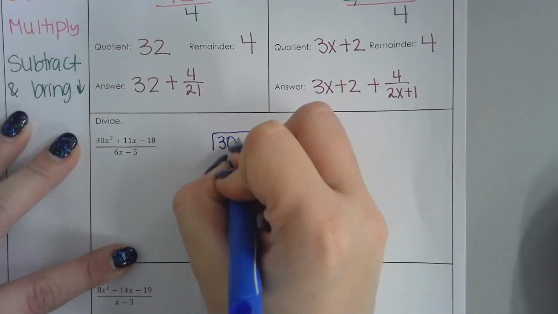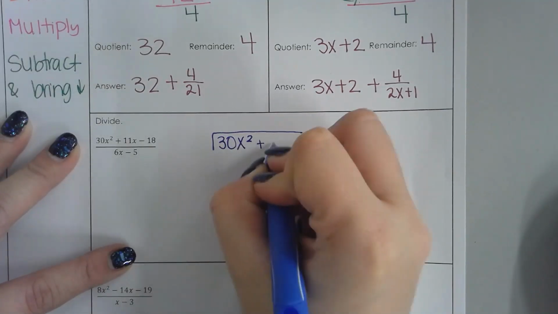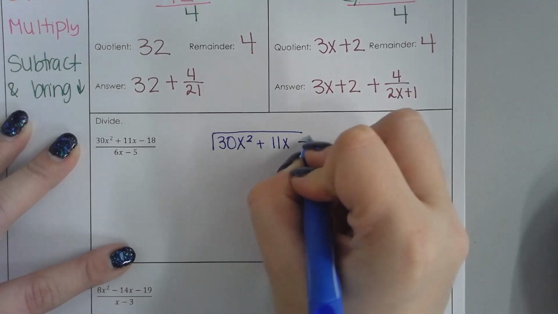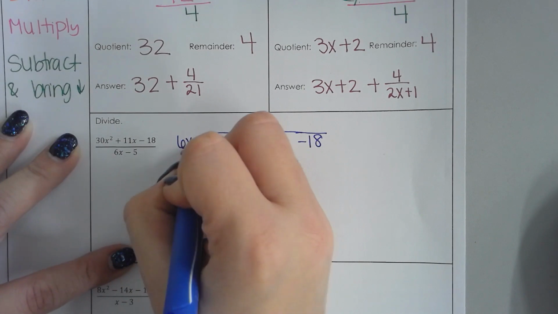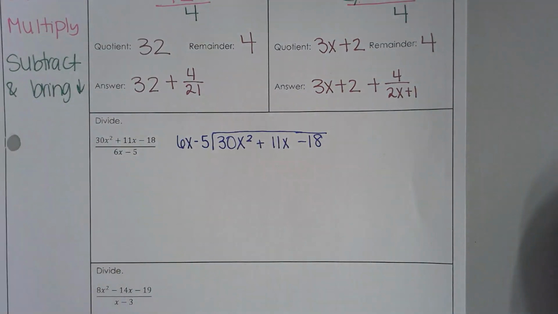30x squared plus 11x minus 18. And I'm dividing that by 6x minus 5.